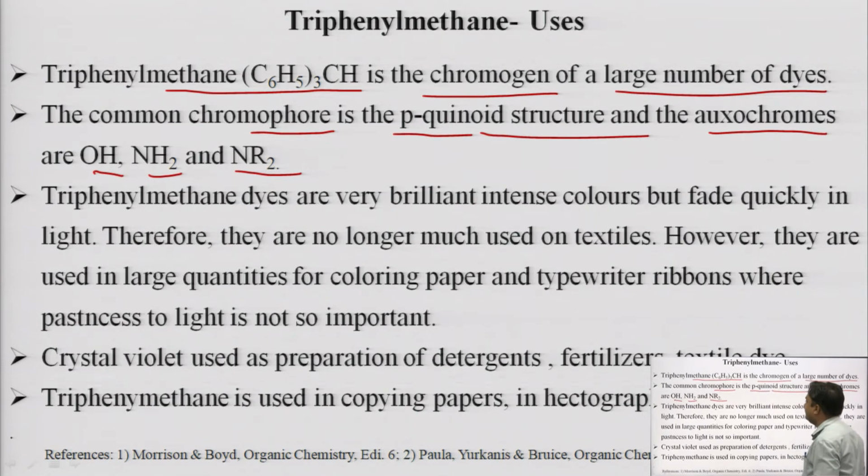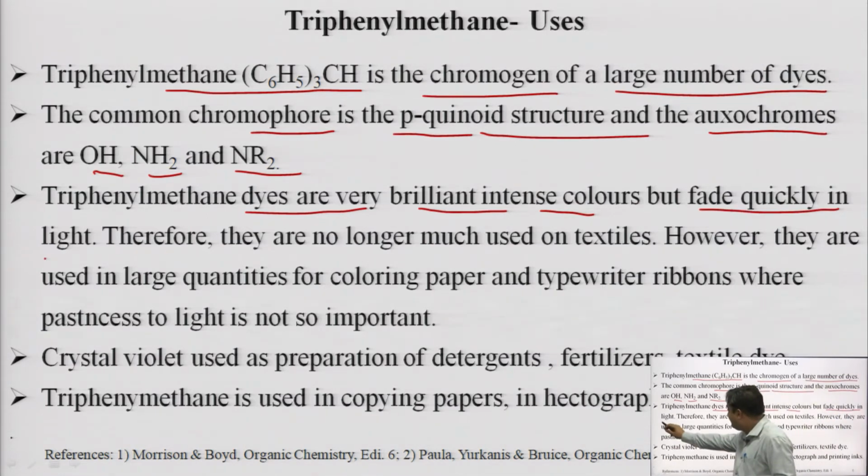You know that chromophores are the groups which provide color to the compounds. In the latest definition, it is the group which absorbs UV visible radiation in that particular range. And triphenyl methane dyes have very brilliant, intense color, but fade quickly in light.